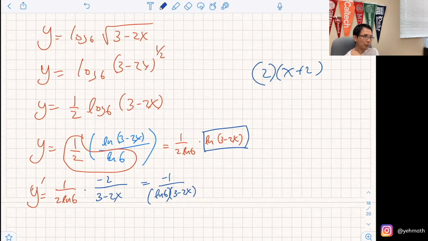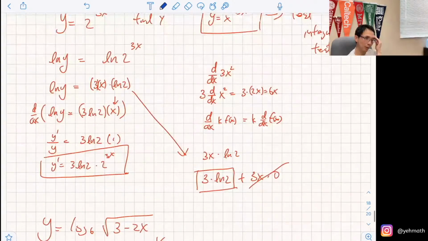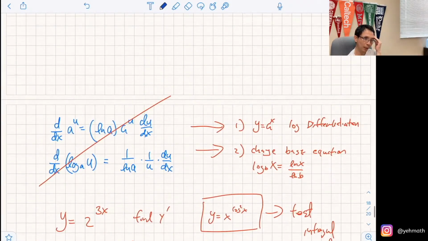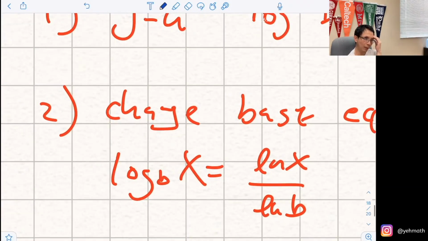Because we know how to take a derivative of ln, we don't know how to take a derivative of log. That's called the change of base equation. There's a way of changing a logarithm to natural log using this formula right here: log base b of x is equal to natural log of x over natural log of b.